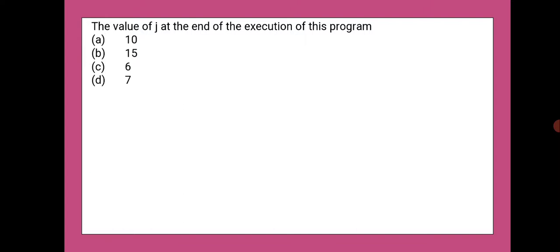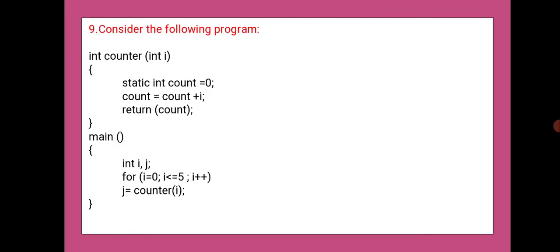So let's analyze the program once again. Please take a piece of paper and pen and write down. Here the static variable count remains in existence rather than coming and going each time the function is called. So first call counter of 0, count equal to 0.